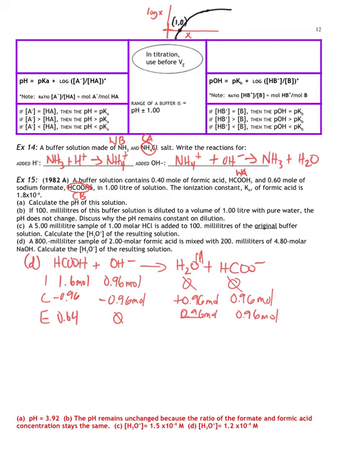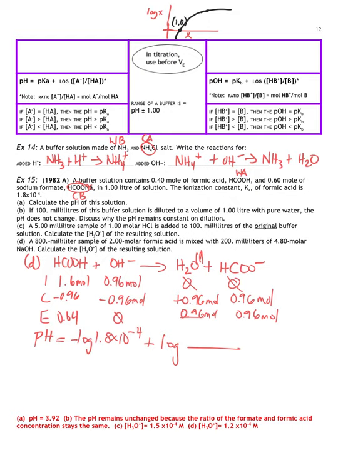And so to find my pH of this buffer solution, I'm going to go to the Henderson-Hasselbalch equation. So I'm going to take the negative log of my Ka plus the log of my conjugate base, and I can keep this all in moles without having to divide it by the total volume, which ends up being 1 liter, by the way. 800 plus 200 is 1,000 milliliters, which is 1 liter.